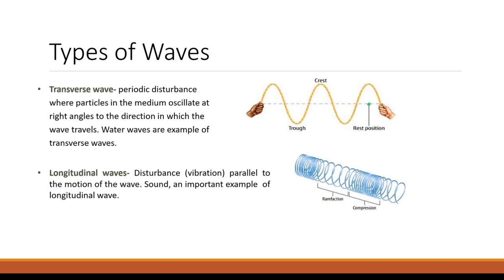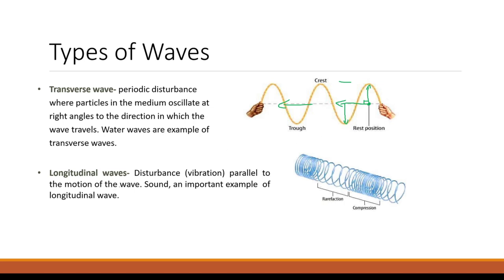The particle here moves up to this position. This particle moves down to this position. And when it waves up, it'll move back up to here. So we have this up and down motion, and the wave is moving this way, right? Or it could be the other way too, left to right, but in any case, at right angles.